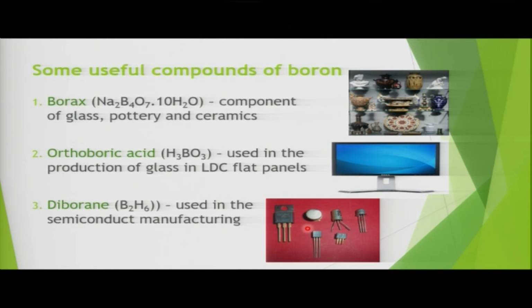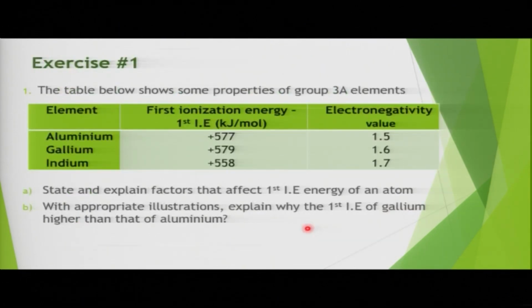So that is what we can go through in today's lesson. I will just simply leave you with the exercise. That is exercise 1. We have the table of the first ionization energies and electronegativity values. We are to state and explain factors that affect the first ionization energy.